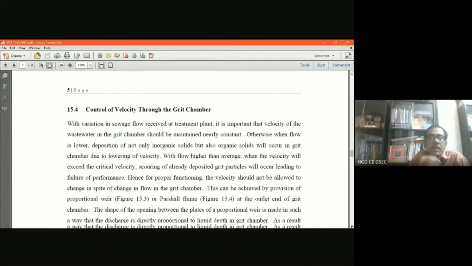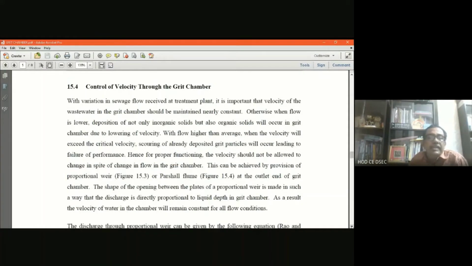So this is all about what I have told you regarding the control of velocity in the grit chamber. As I have told you, it is important that the velocity of the wastewater in the grit chamber be maintained near constant. Otherwise, when the flow is lower, there will be deposition of not only inorganic but also organic solids along with the grit. If the flow is higher, the velocity will exceed the critical velocity and scouring of the deposited particles will take place, which is not admissible.